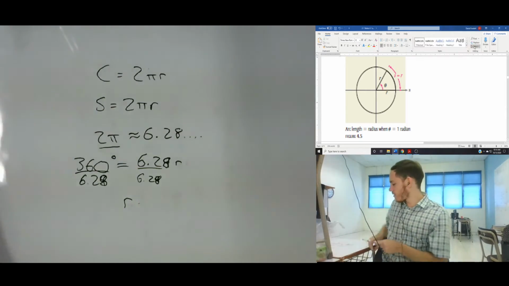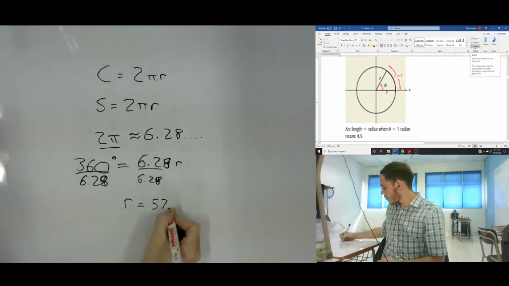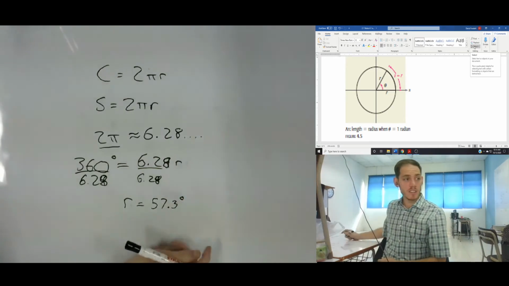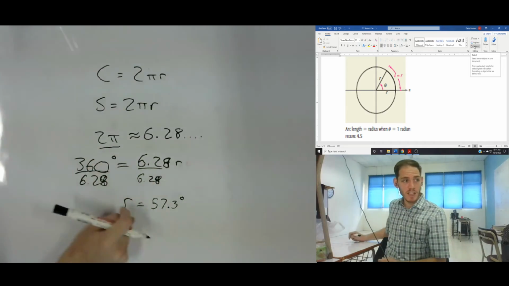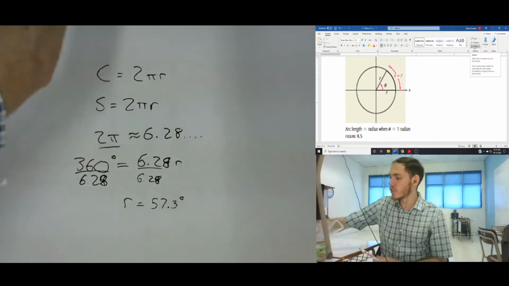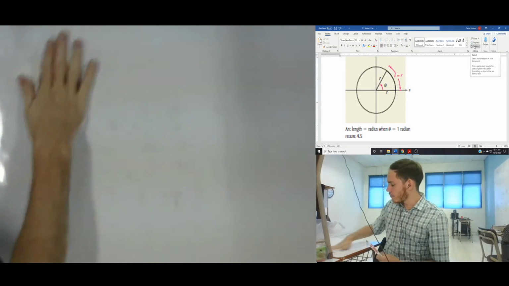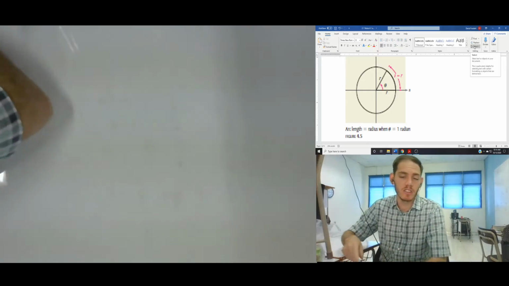So you should get roughly, a radian is about 57.3 degrees, okay? Now notice, I put degrees for degrees. Radians are not going to have that. So if I talk about radians, they're always going to be numbers. There's not going to be any additional things to them.